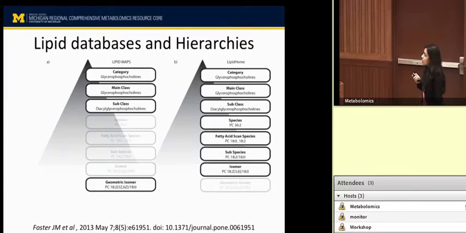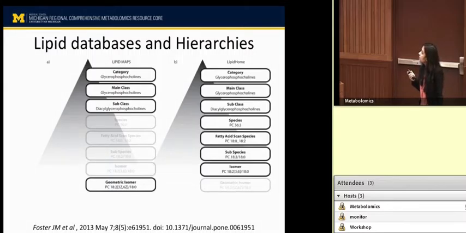So in our platform, when we give you the report, we give you the report at this level, the species level. Fatty acid scan species, subspecies, isomer. We can probably get to fatty acid scan species for a few lipids, and as time progresses and we advance this more, probably we'll get to most of the species.